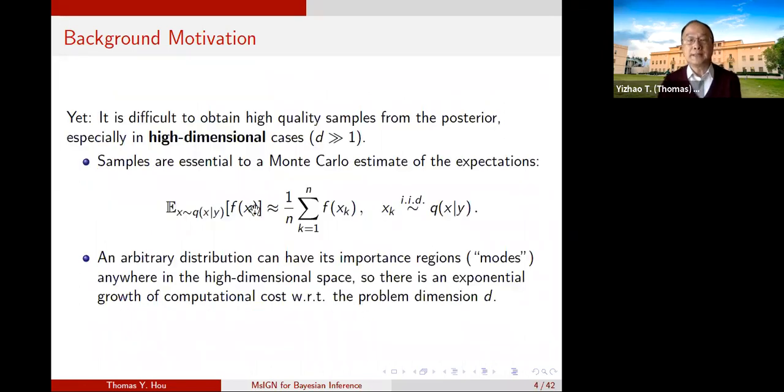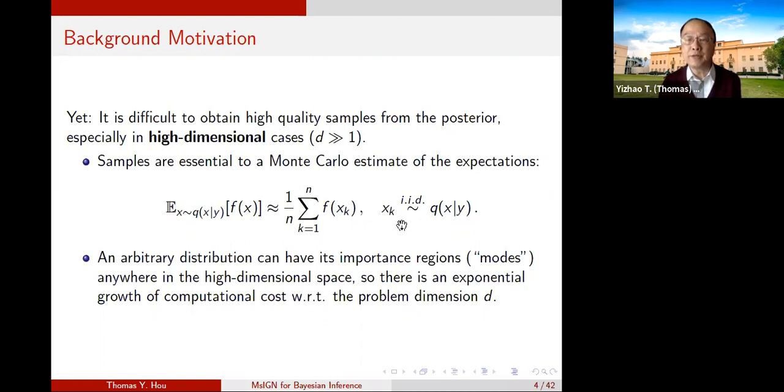But the problem is it's not completely solved, even though we have this Bayesian formula, especially in the high dimensional case, because it's very hard to generate high quality samples from the posterior, right? Having high quality samples is very important, because when you're trying to evaluate these statistical quantities, you for example use the Monte Carlo method.